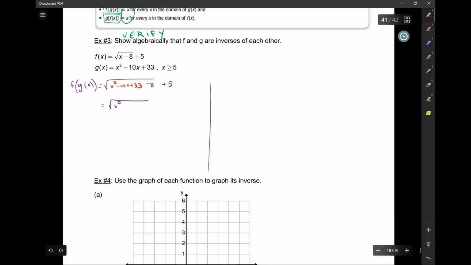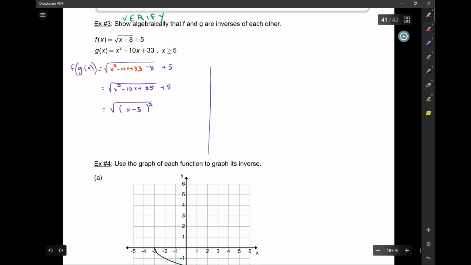This is x squared minus 10x plus what? 33 minus 8. Oh, 25. Yeah, 25. So now look at what happens. I can factor this as x minus 5 squared inside the square root, plus 5.